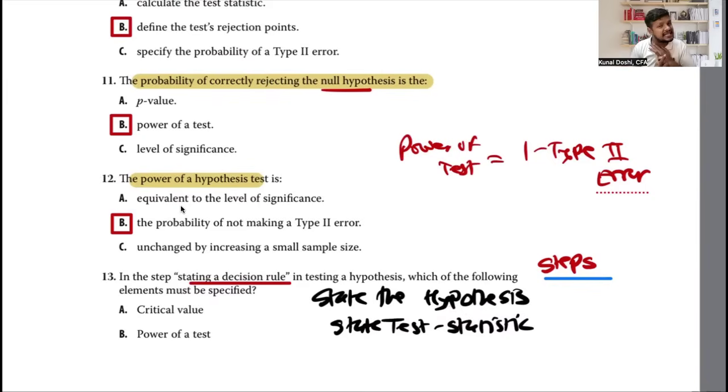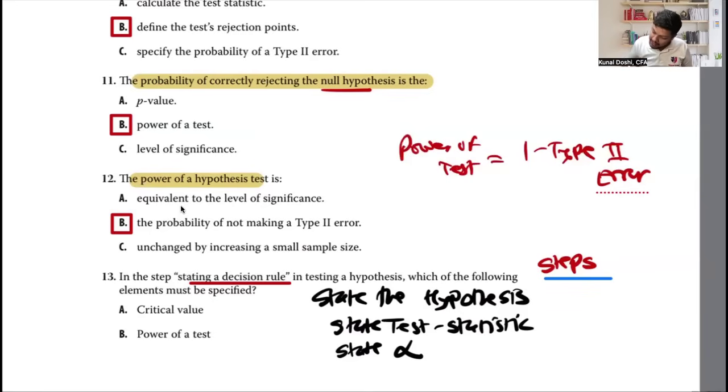If it's a correlation, it's a T test. So which test is suitable? That is step number 2. Then the next step is you state the level of significance, or the alpha. Based on these two things, you make up a decision rule for when to reject and when to fail to reject, collect the sample, and then do the calculation.